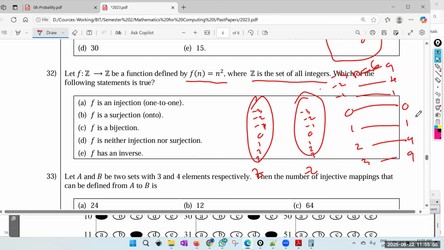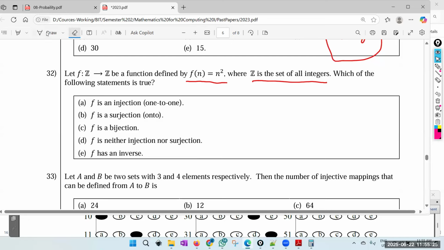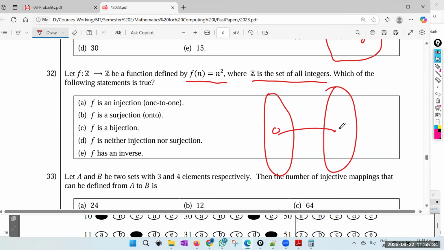Right. So therefore, shall we draw it properly? So this is our function now. Zero is mapped to 0. This side is anyway all positive numbers. So let's change it.